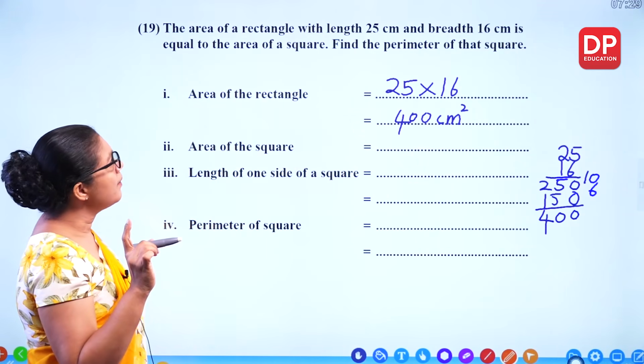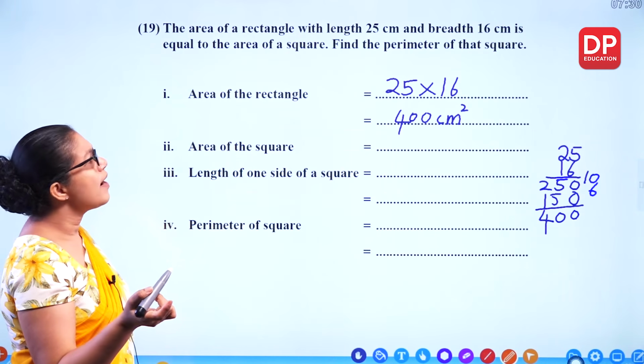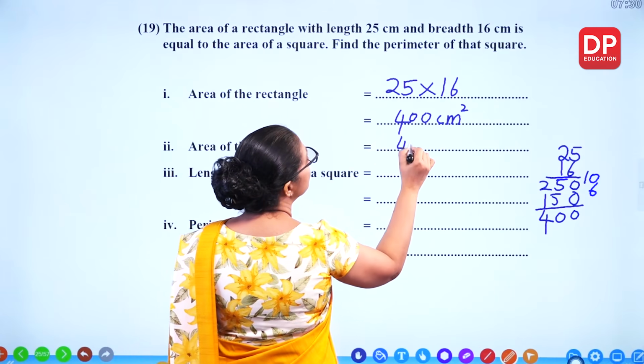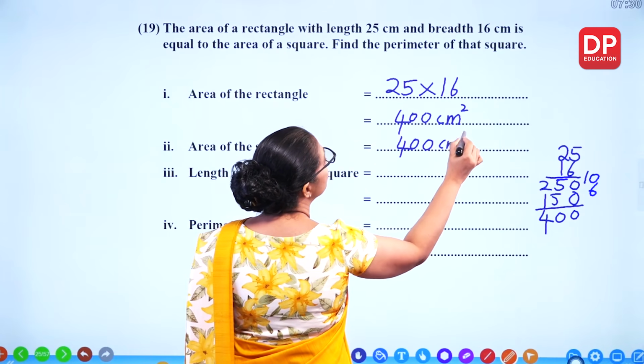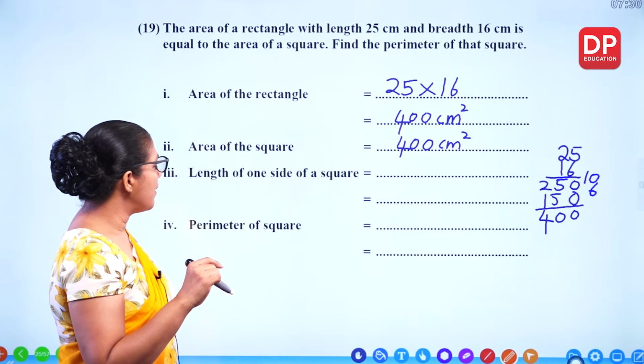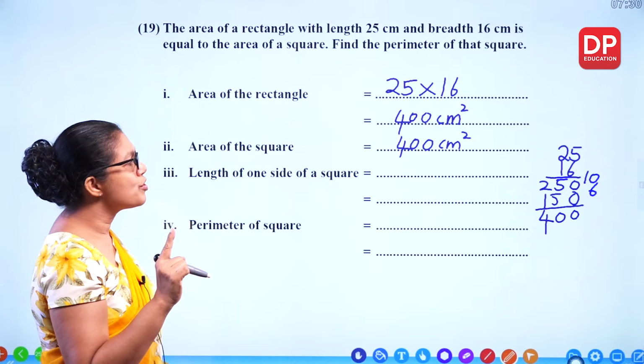Area of the square. It says area of the square is same as the area of the rectangle. So you get the same thing. So how do we find out the length of one side of a square? You find the square root.